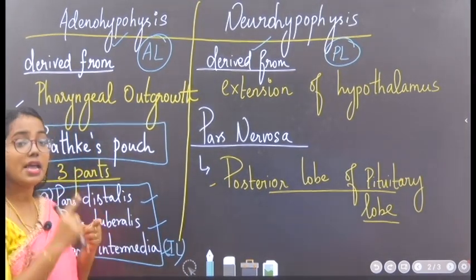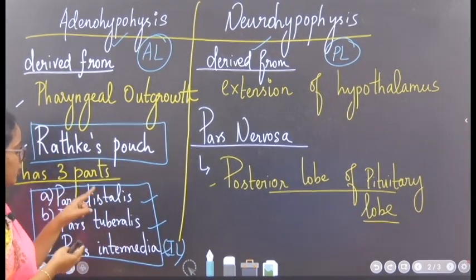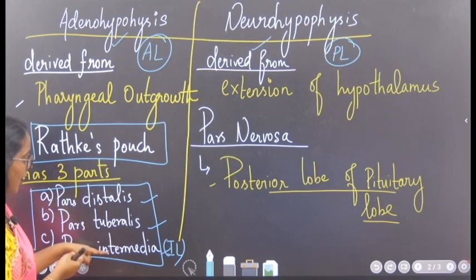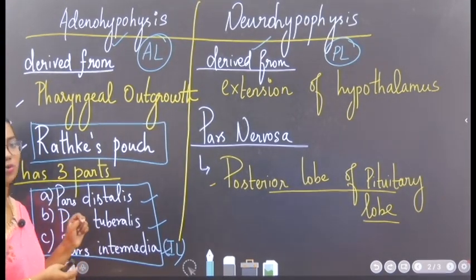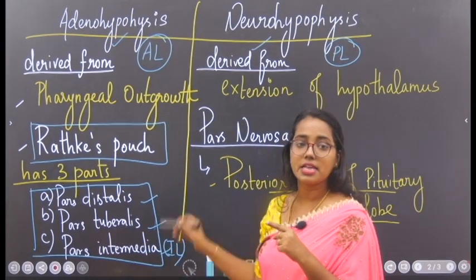I have already told you, right? Anterior lobe, posterior lobe, and in between the two is the intermediate lobe. So, these two represent the anterior lobe and this one represents the intermediate lobe, which is pars distalis, pars tuberalis and pars intermedia.